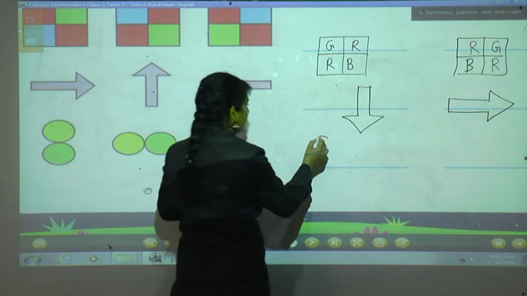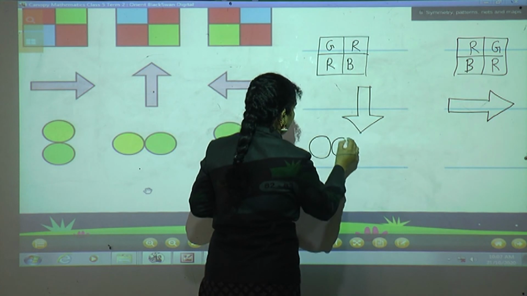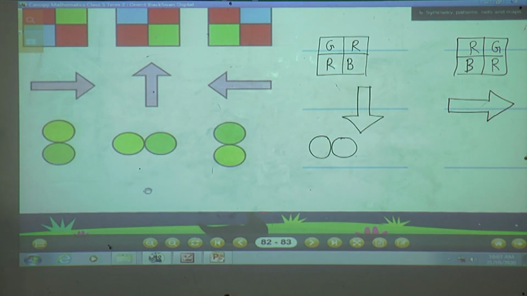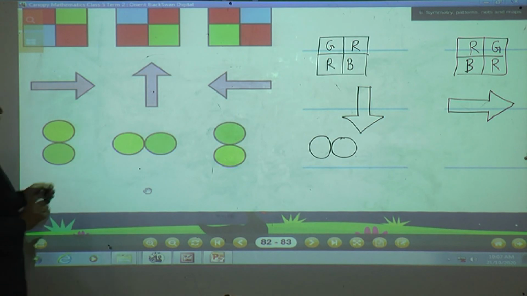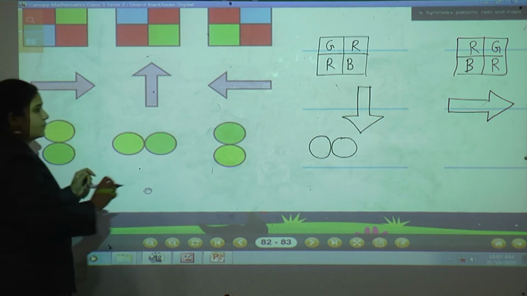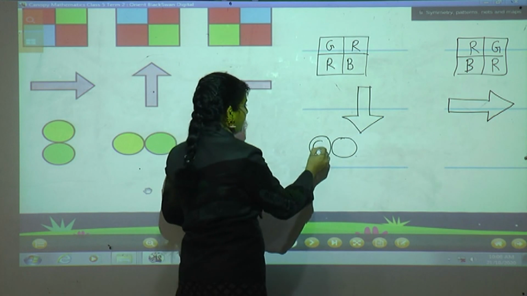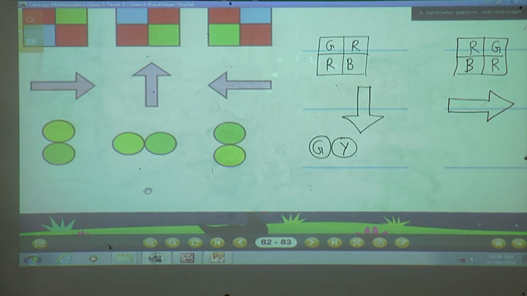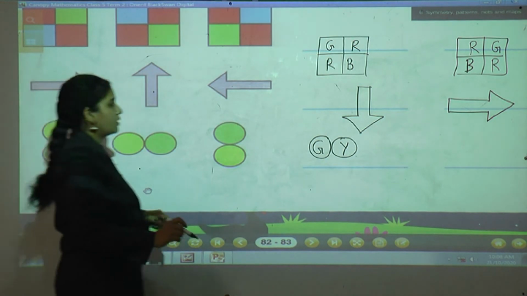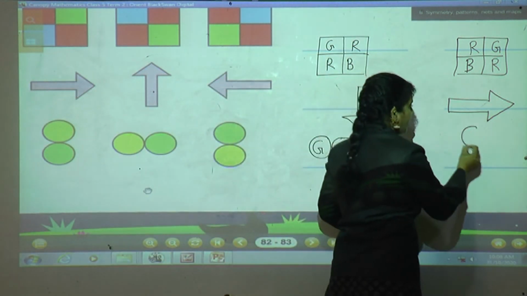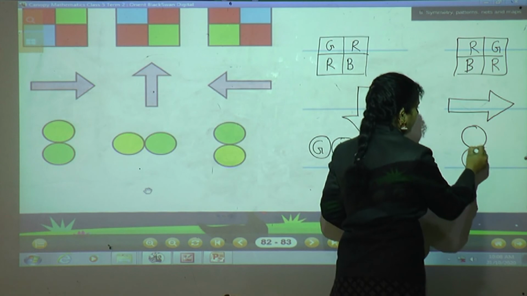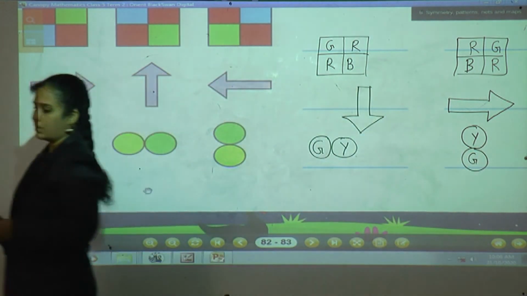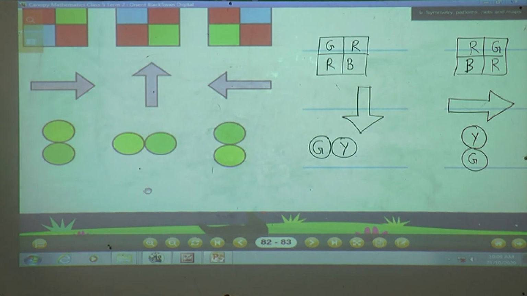We know that it will come like this, but we have a problem with color. Where will it come, students? Okay, where will it come, tell me. Yes, here the green color, and here will be the yellow color. Okay, and now last, like this figure it will come, and here yellow and green will come. Okay, now all of you understood this?